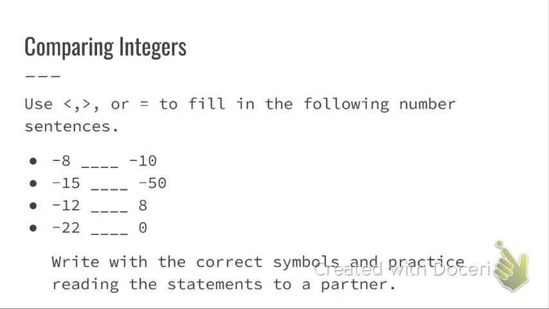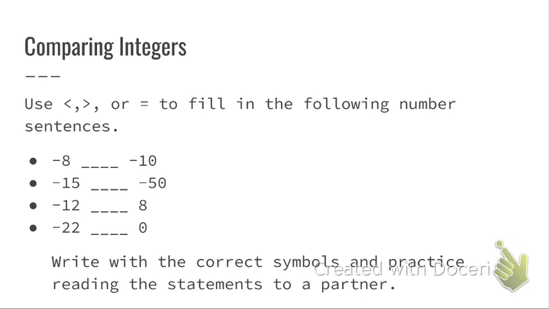So now we're going to take a chance. Go ahead and think about your answers. Remember that it should open to the greater number, and by greater we mean warmer, or the one you would prefer to have in your bank account, or further to the right on the number line.